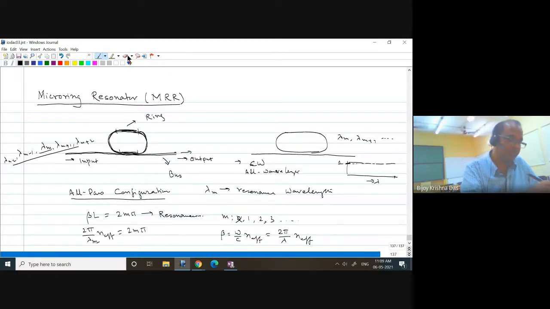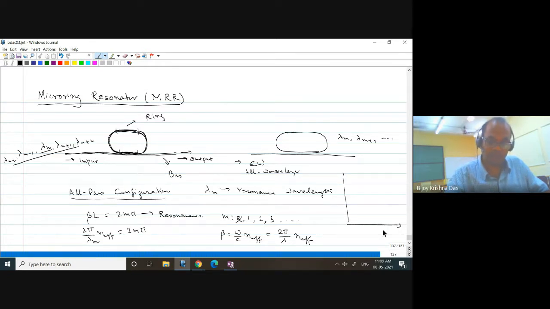Let me clarify that one better. I'm just putting it like this. This is your lambda and this is your intensity. If I consider the intensity of the input electromagnetic wave or laser source, it is flat, fixed for all wavelengths, you are launching like that, right?